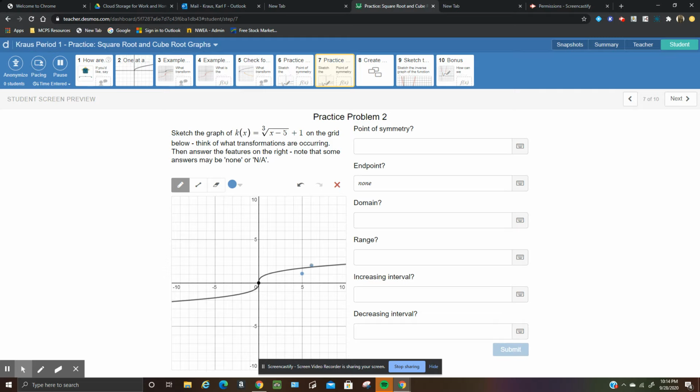If I plug in a 4, I get 0. And let me see, what else can I plug in there to get a nice integer value? So the cube root of 8 is 2. So how can I get 8? I have to put a 13.